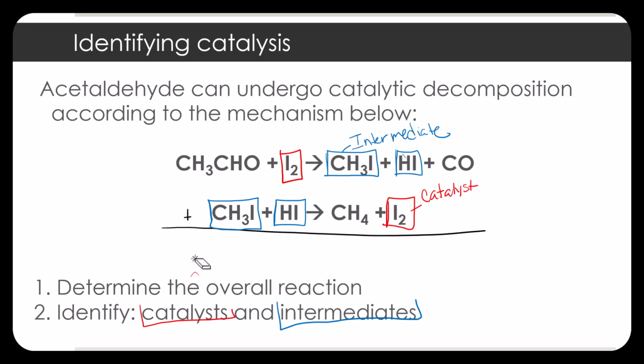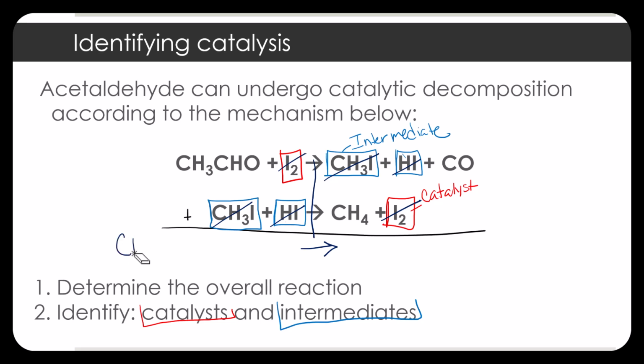Now lastly, we want to determine the overall reaction. The whole purpose of identifying those things is that they do not end up in the overall reaction. So now I'm just going to add up everything on the reactant side and everything on the product side.